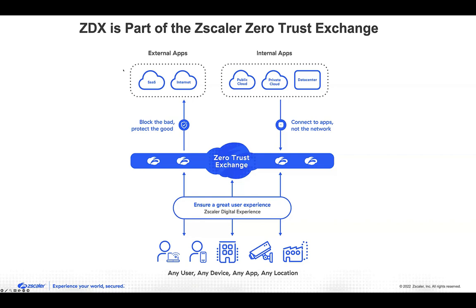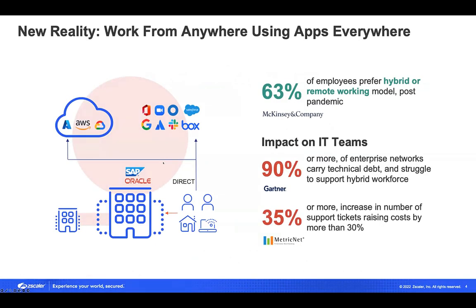And as part of this Zero Trust Exchange, ZDX is the only solution that provides a unified way of measuring performance from the device through the network up to the application, and if it is a private application, then we also look into your data center based applications as well. And with that, we also focus on providing you with root cause analysis that exposes any offenders impacting your user experience.